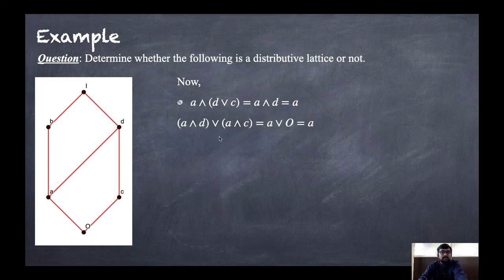Now in the same way, the right-hand side of the distributive property is (A and D) or (A and C).